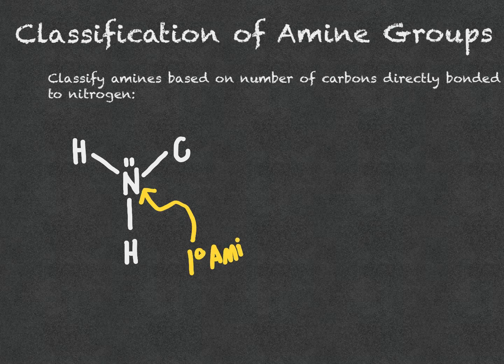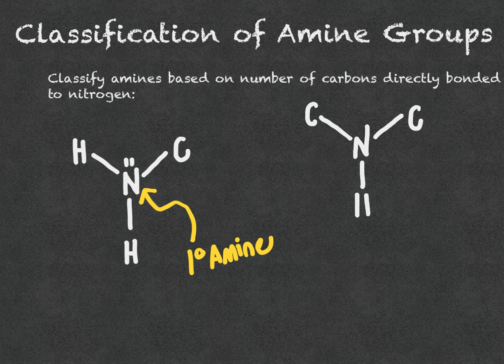So I call that a primary amine, or as I've put it here, a 1-degree amine, as a way of abbreviating that. A secondary amine will have instead 2 carbon atoms directly bonded to the nitrogen, and as a result, then to fill the octet, just 1 hydrogen atom. We classify that as a secondary amine, which we can also abbreviate as a second-degree amine.